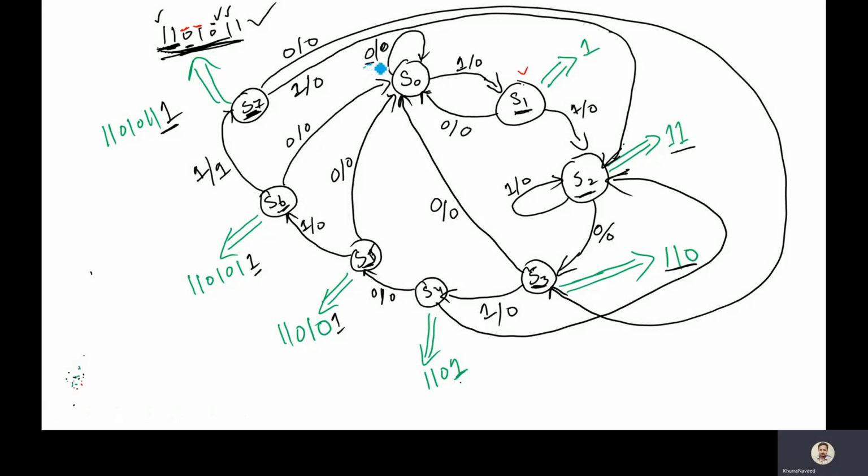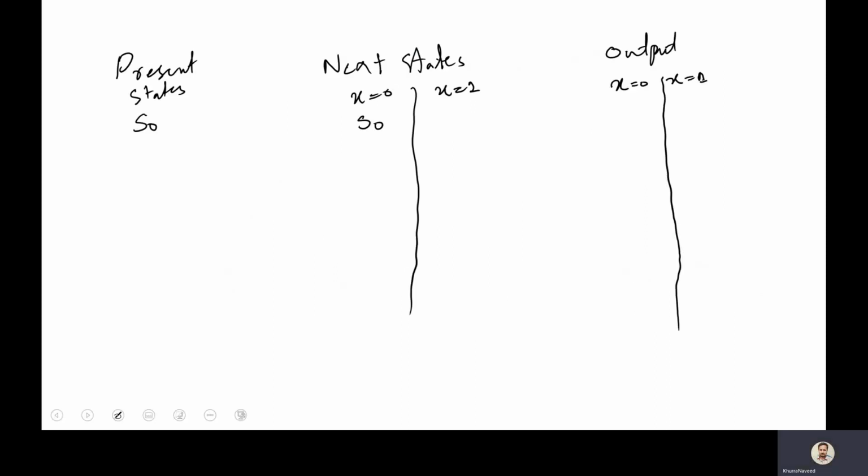So when input is 0, next state is also S0, right? But when input is 1, next state is S1, right? And output in both these cases is 0.